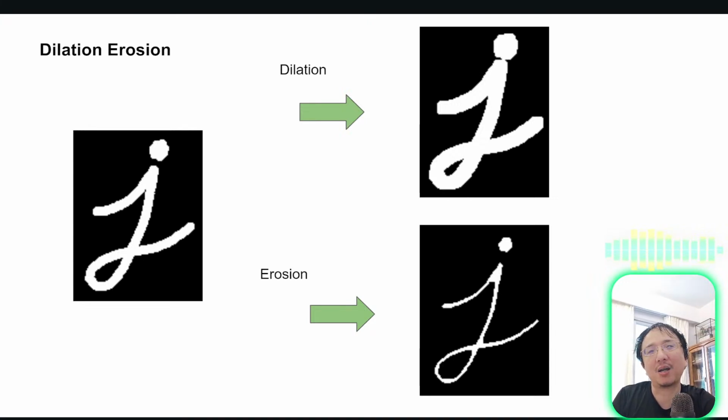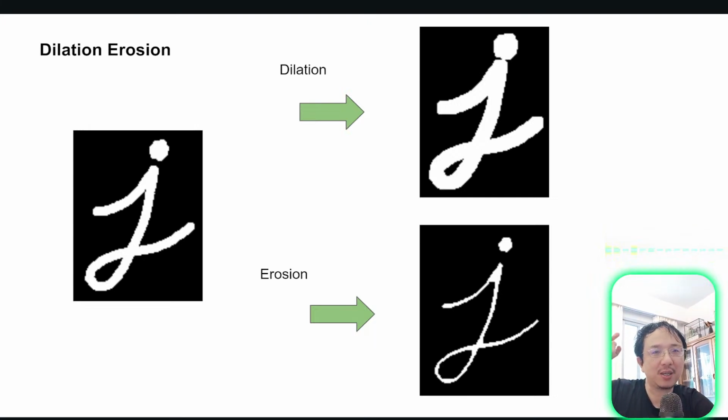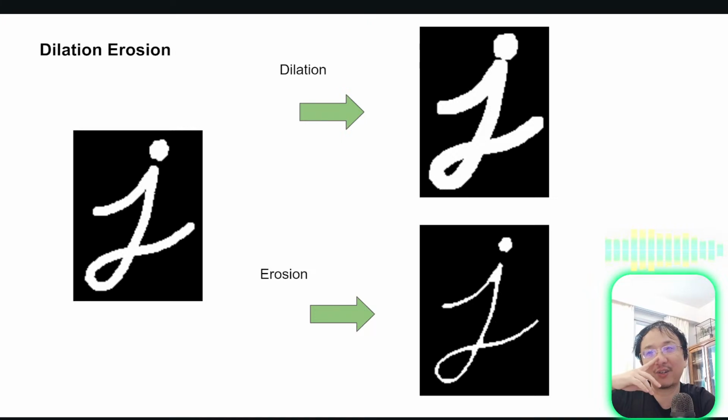Erosion is, on the other hand, a complement or opposite operation to dilation. It only keeps the pixels that are surrounded by a certain kernel. So it can be considered like the dilation of the black pixels.